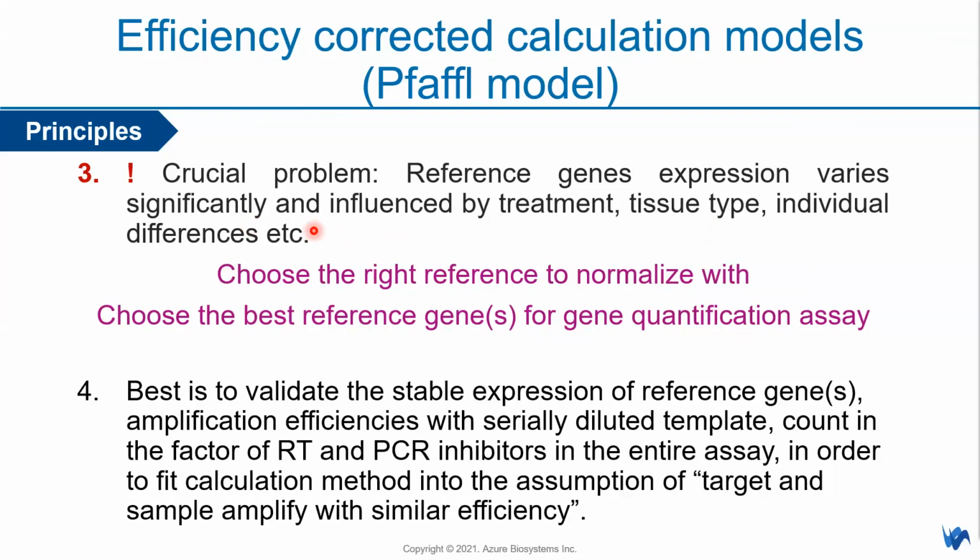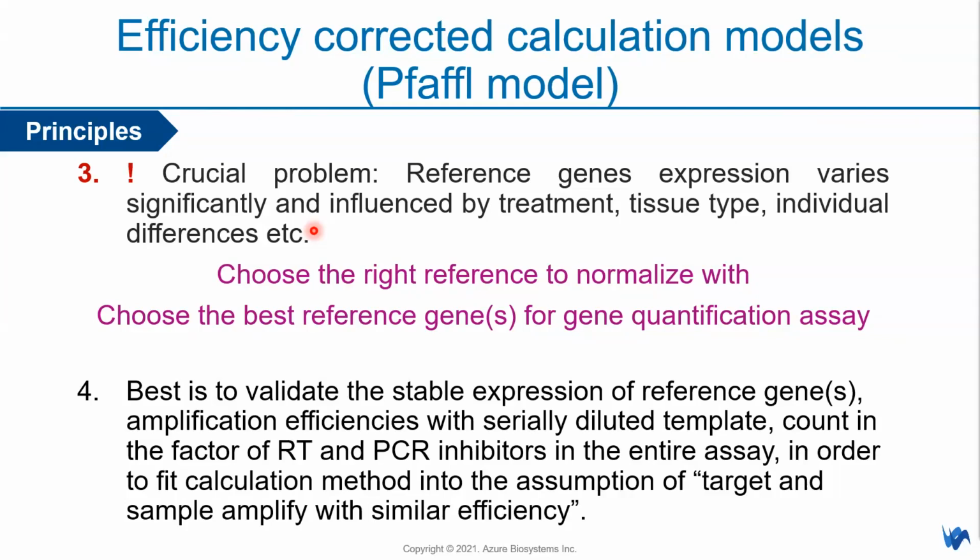Some of these may have been addressed by publications or certain researchers, who look for newer, better or more stable reference genes. Some are yet to be verified, because maybe you are using a certain treatment that nobody has used before. So you will be unsure whether your reference genes are really stable.